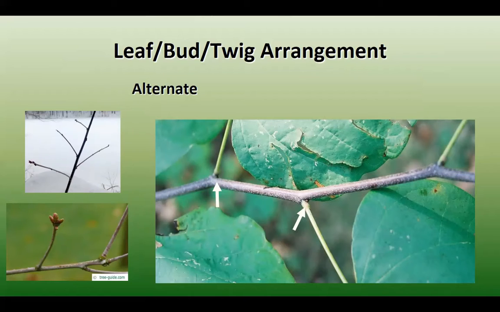You can also see that this twig tends to bend towards each place that there's a leaf. That doesn't always happen. If you look on the left, the upper picture is the red oak and the lower one is the white oak. And those are pretty straight. They don't wobble back and forth the way that the redbud does.